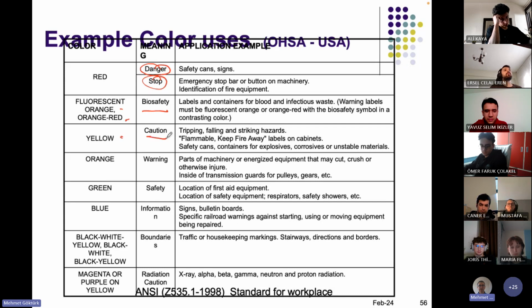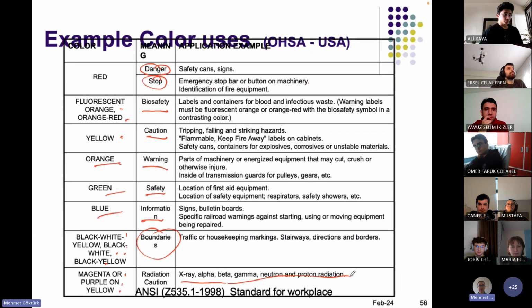Yellow is associated with caution. Orange is warning. Green is safety. Blue is information. Black, white, black, yellow are boundary markings like school bus signs. And purple, magenta, and yellow together is radiation and other kinds of dangers.